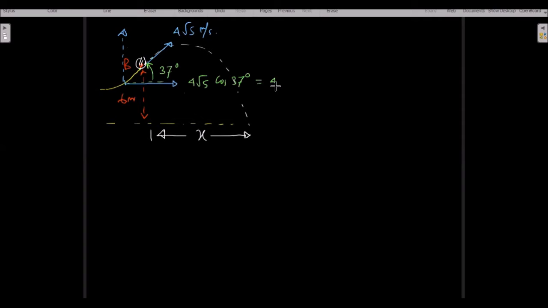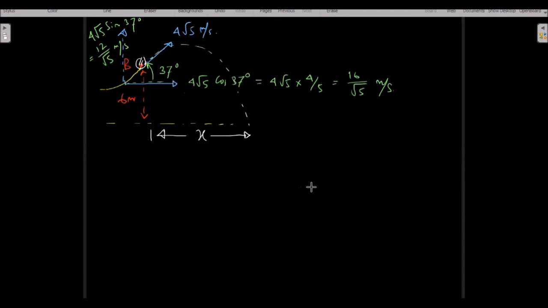That becomes 4 root 5 into cos 37, which is 4 by 5, that becomes 16 by root 5 meter per second. What about this vertical component? This will become 4 root 5 sine 37 degree. So this will become 3 by 5. So that becomes 12 by root 5 meter per second.